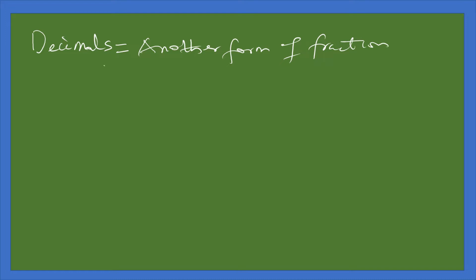Of course, you know that 1/2 is a fraction, 3/4 is a fraction. So if you simplify this further, you're going to have what? 1 divided by 2 is what? 0.5. And 3 divided by 4 will give you 0.75. Now, this form that this answer is written is what we call decimal.